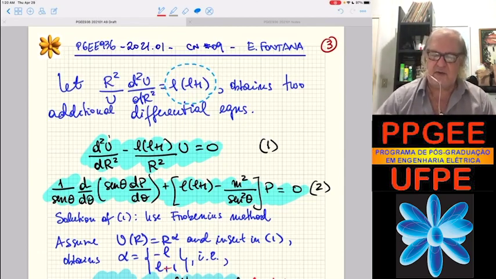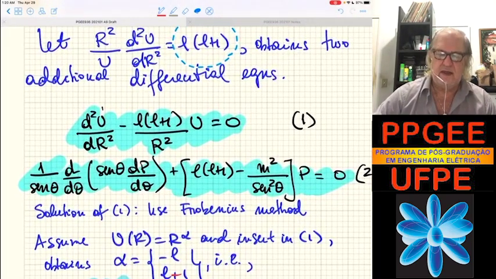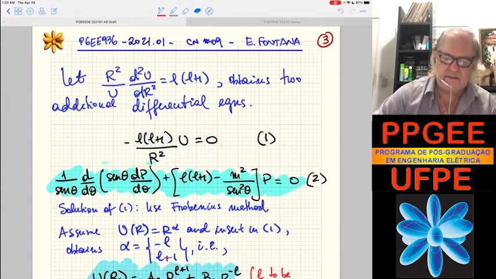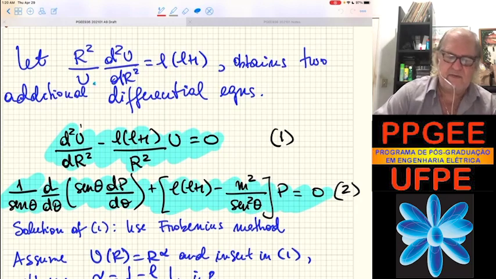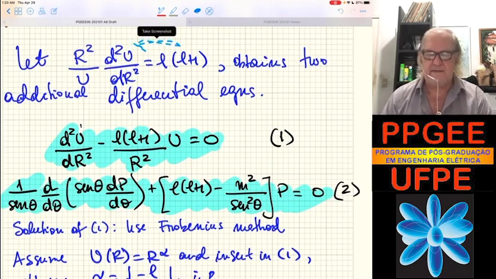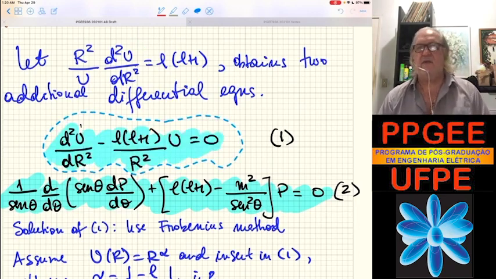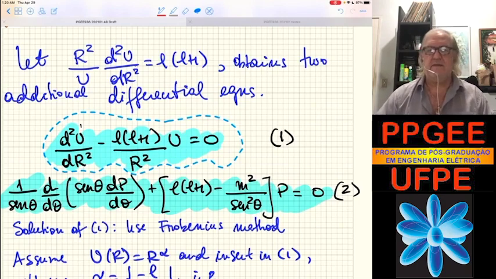So we have one differential equation, which is easy to show. You're going to have a second derivative here. Then we multiply by u and divide by r squared, and we move this to the left-hand side. So you're going to have a simple radial differential equation.